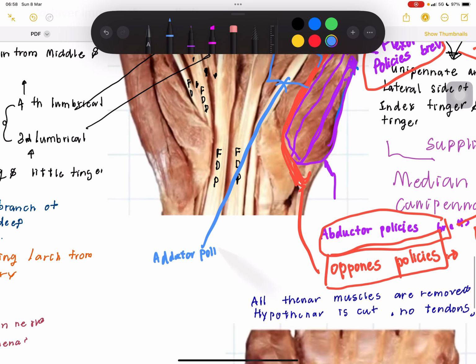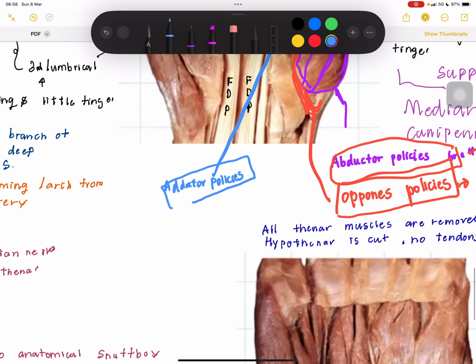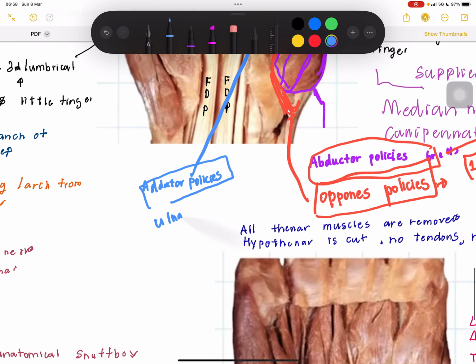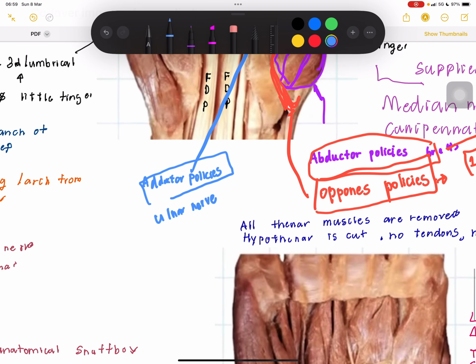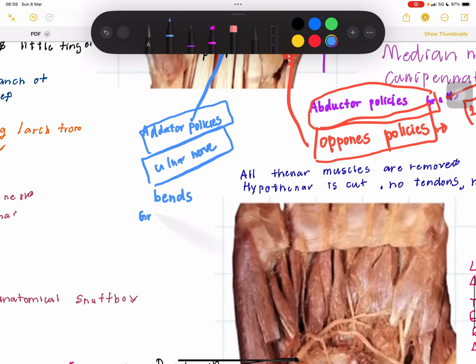This muscle is supplied by the ulnar nerve. And also there's another point in this. The ulnar nerve ends with this muscle. So we call this the graveyard of the ulnar nerve.